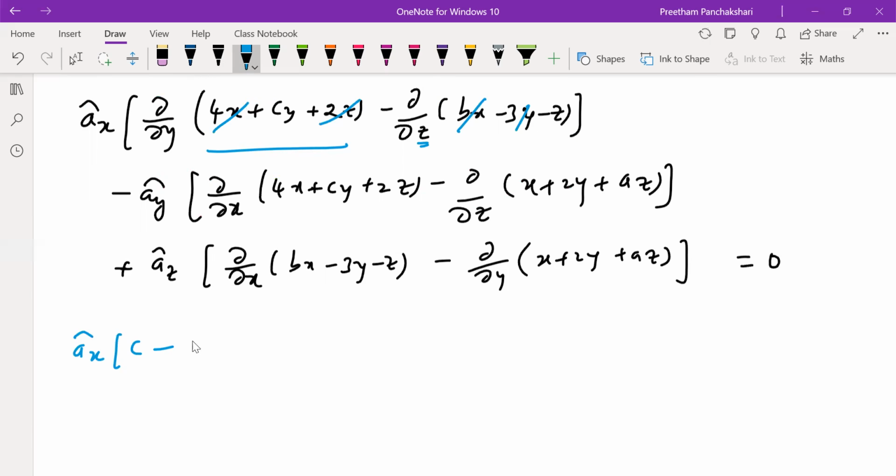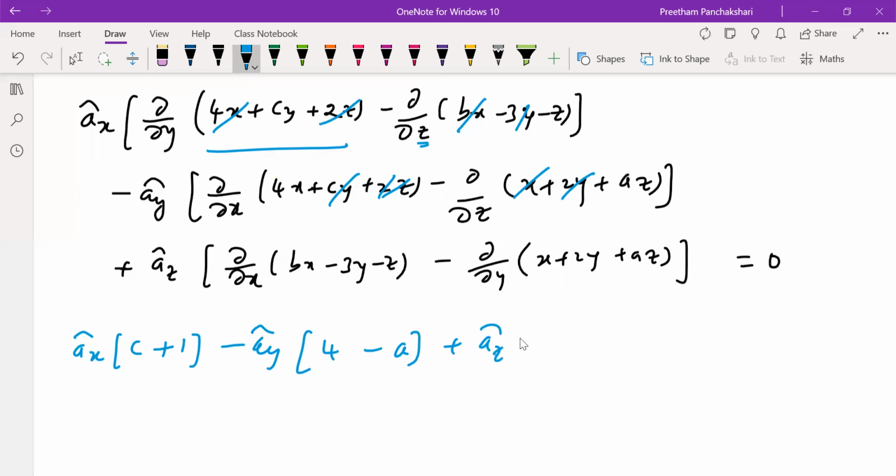That is minus 1. So minus into minus is plus 1. Minus ay into differentiate with x: these two are 0, 4x is 4. Minus differentiate with z: A.